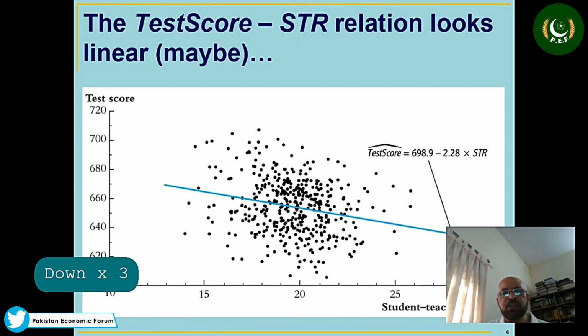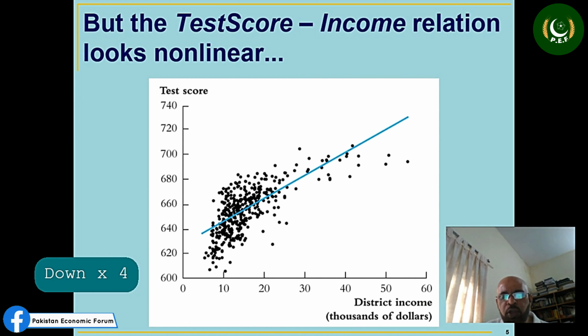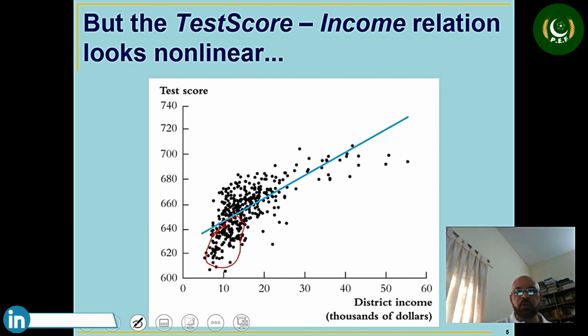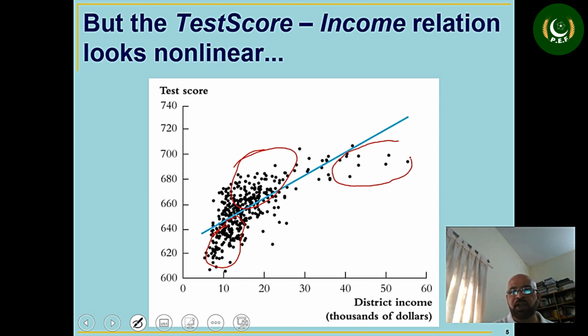This is what we have seen: student teacher ratio, test score. There seems a linear regression, that increase in student teacher ratio at any stage will lead to same change in test score. And now if we look at district income and test score, what do we notice here? That relationship seems non-linear, because most of the points are below this regression line, and most of the points are above the regression line.